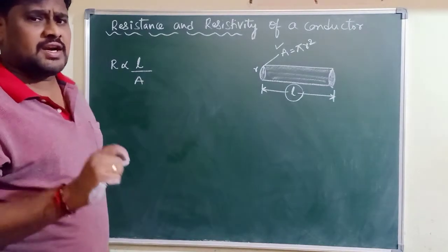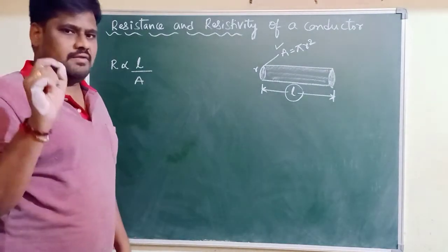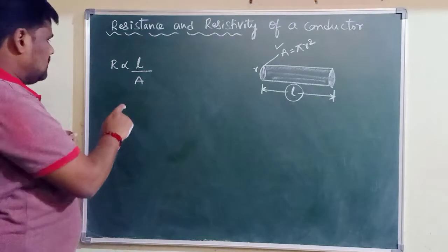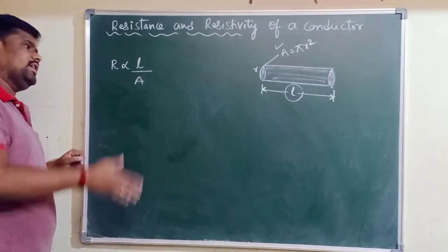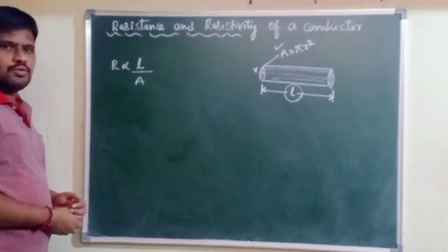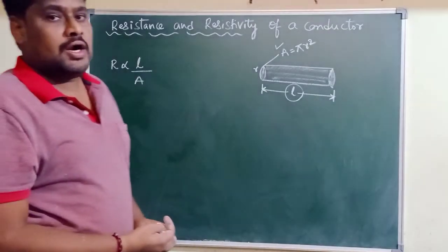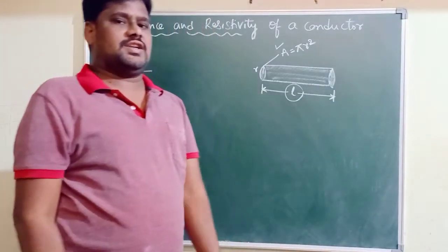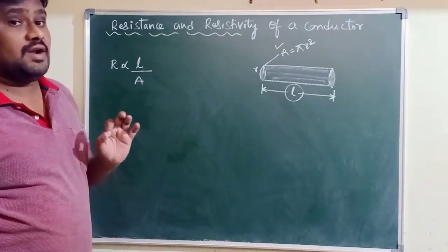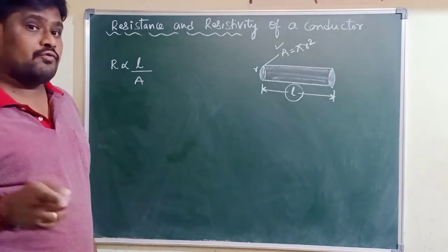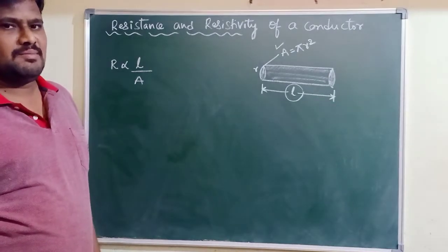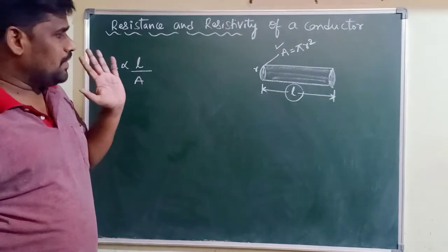If any conductor is very thin, it is going to have less area of cross section. Then definitely it is going to have more resistance. In order to have less resistance, you have to consider a wire of minimum length, maximum thickness.